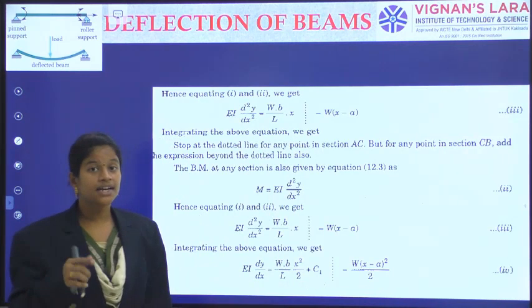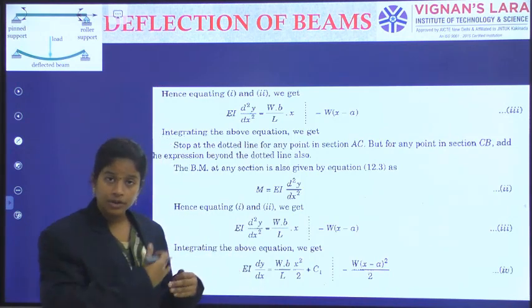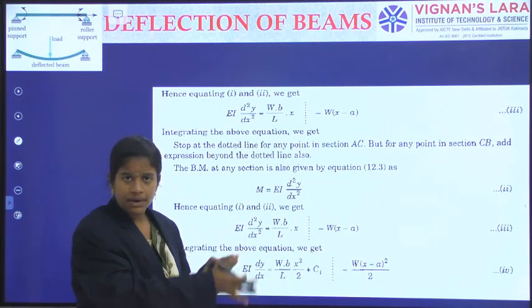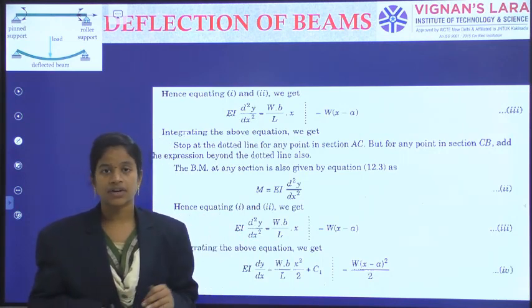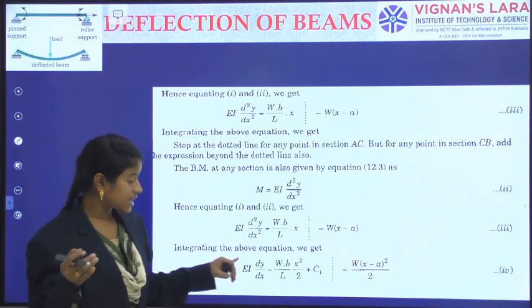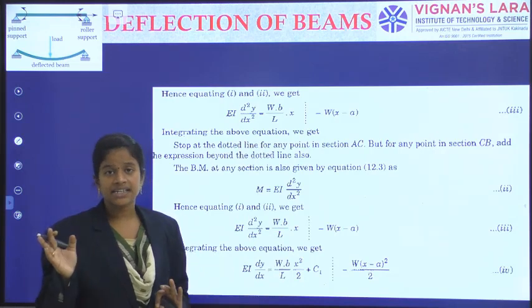As just said, the integration constant is added before the dotted line. Again, the remaining part is integrated as it is, using x to the power n by n plus 1 or whatever the corresponding function requires.